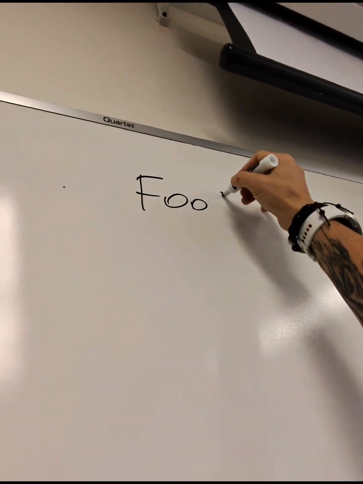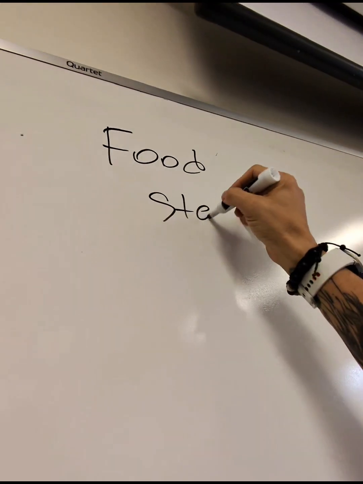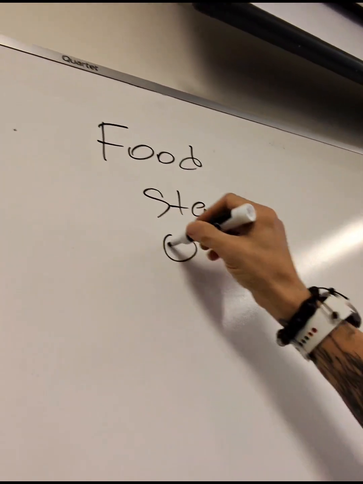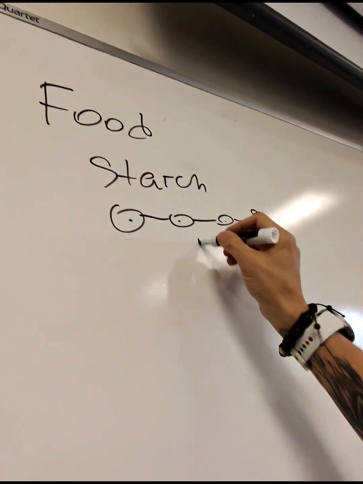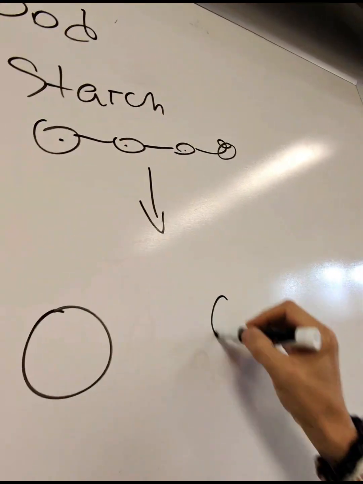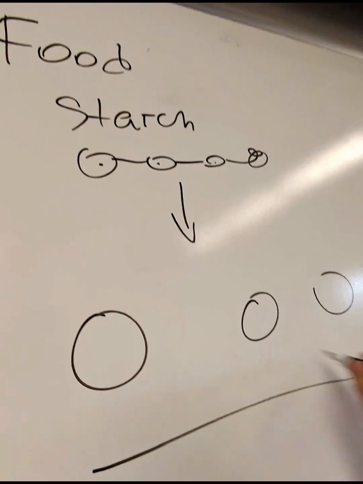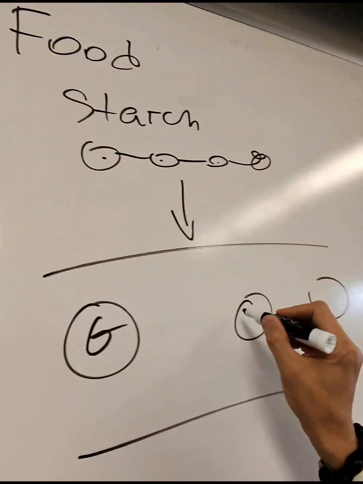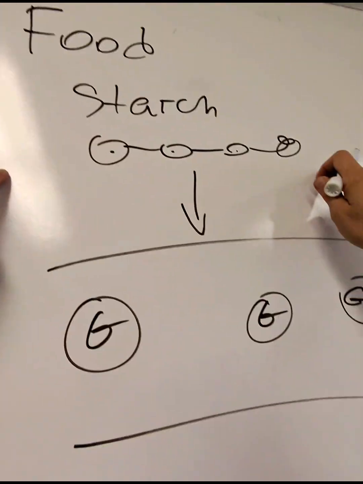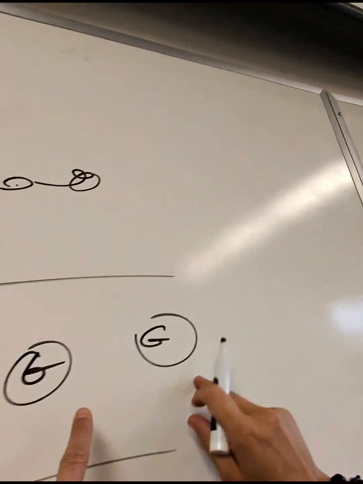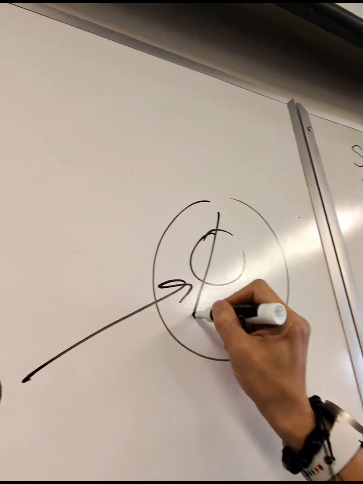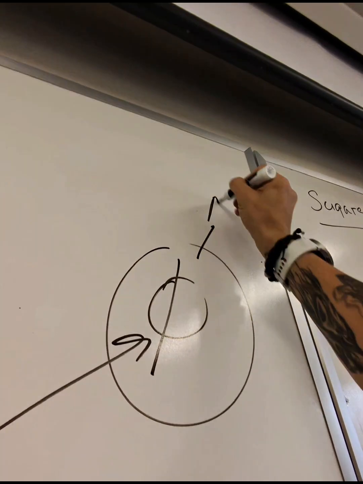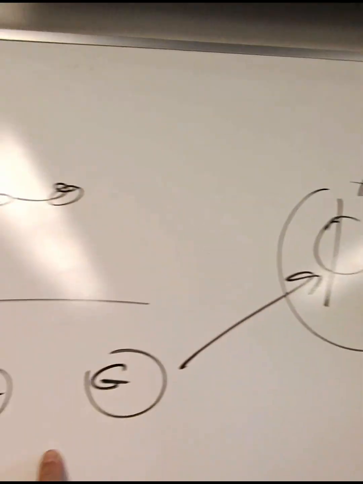food that we consume, let's say we eat starch, right? And that's a polysaccharide, right? Complex. We break it down into a monosaccharide. Starch is made from glucose molecules, right? So we digest and we absorb glucose. So this glucose can get into the cell where we split the glucose and we produce ATP.